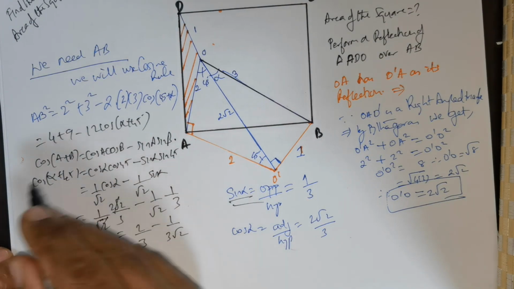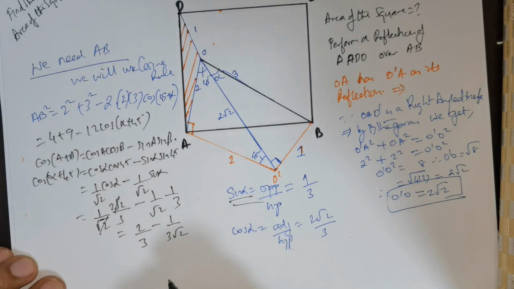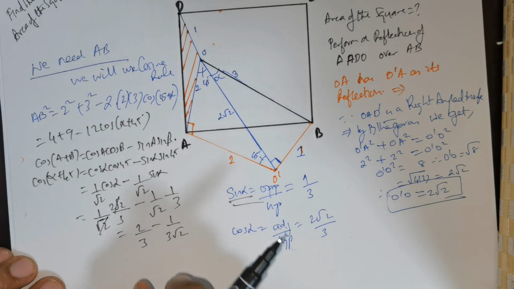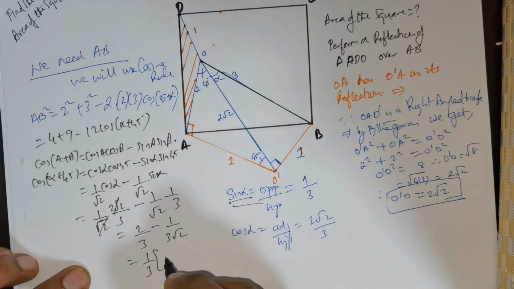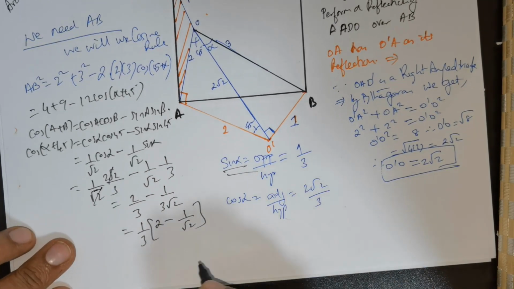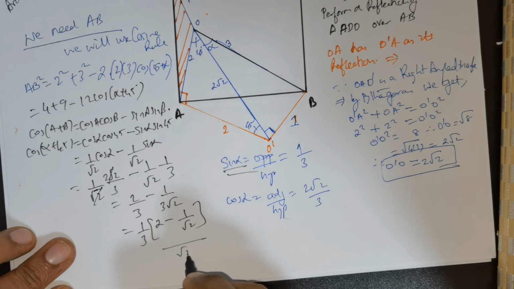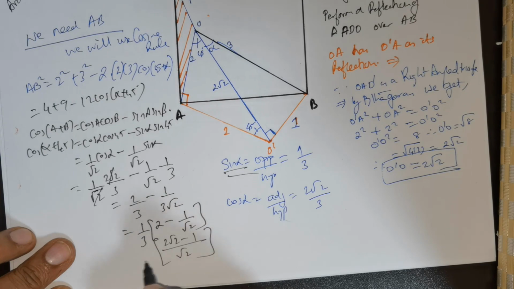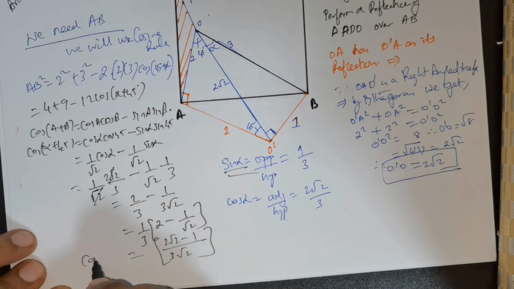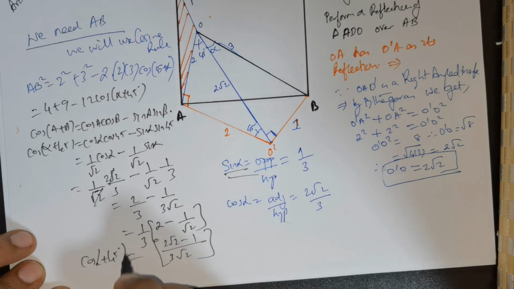Now this is my cos of alpha plus 45. Now you can simplify this by taking 1 over 3 out. So this is going to be 2 negative 1 over root 2. You can still simplify this by taking root 2 as LCM. This will be 2 times root 2 negative 1, times 1 over 3. So this is cos of alpha plus 45 degrees.